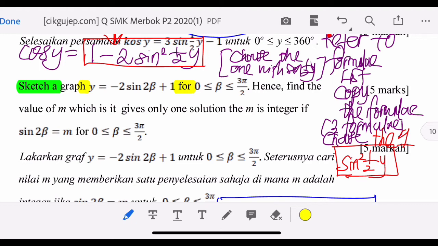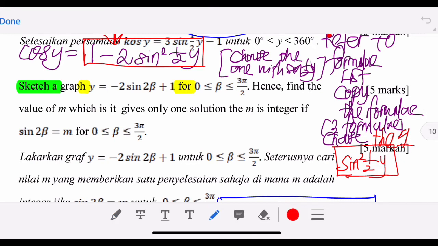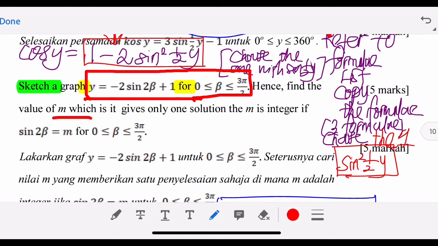For beta from 0 to 300, the angle is not until 360, it is until 270, right? So actually you don't have to label until 2 pi, you just label until 270.